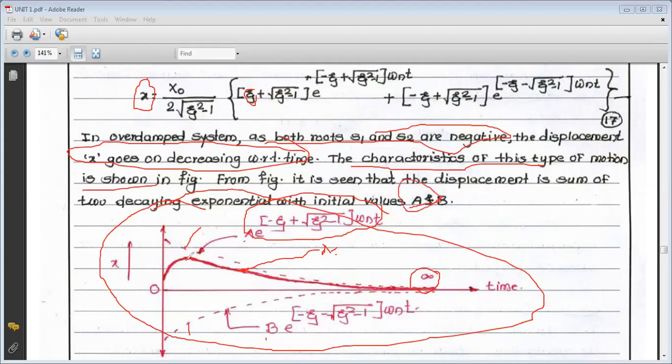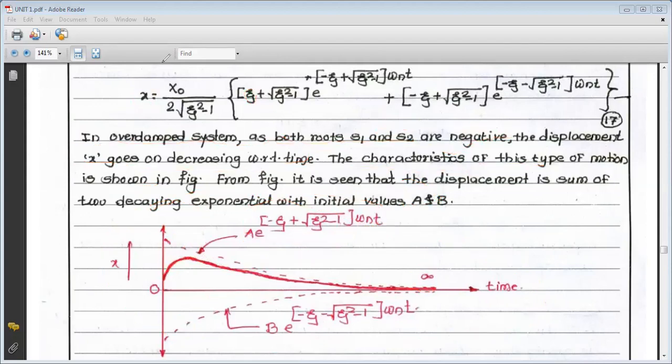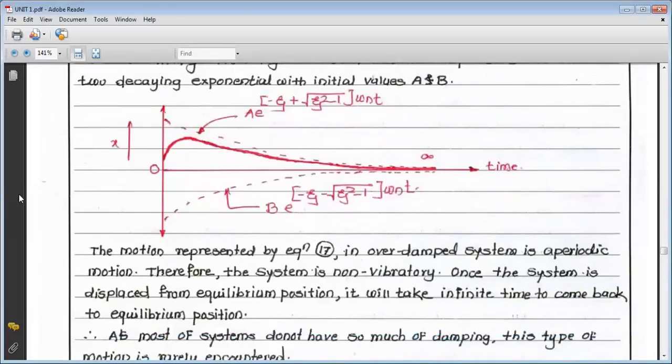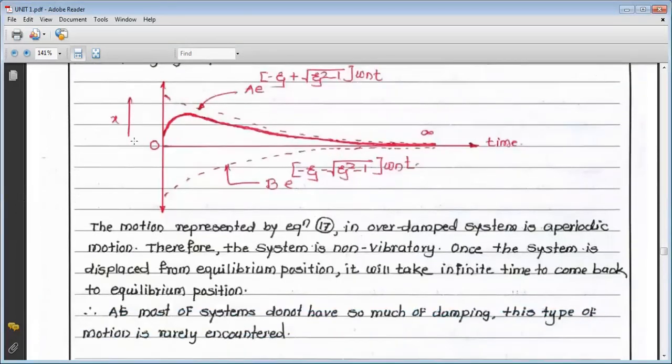This is the first exponential term, this is the second exponential term, and this is the final displacement for the overdamped system.